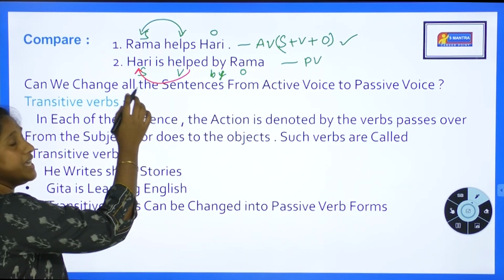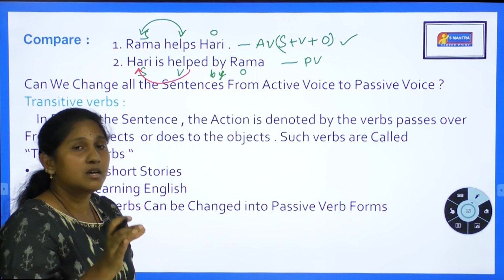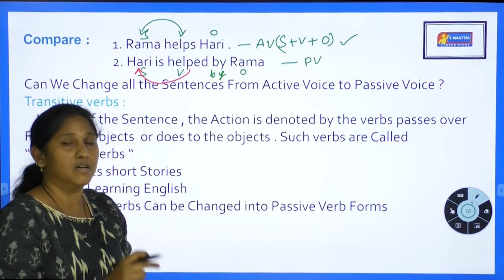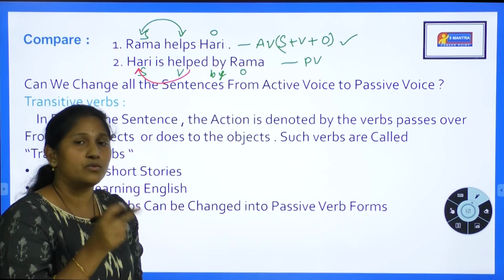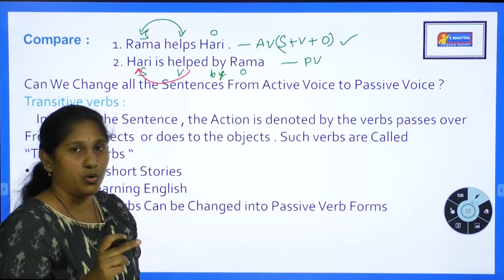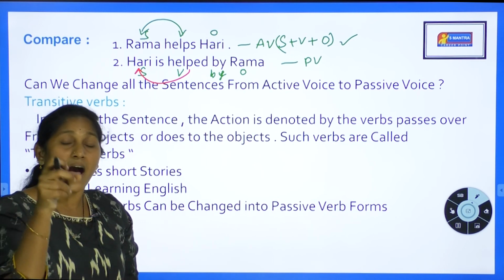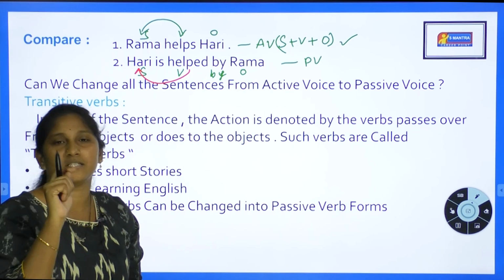So in active voice, we have to observe the action is done by the subject, and in passive voice, we have to observe the action is received by the subject. The main focus is on the receiver and the action in passive voice.